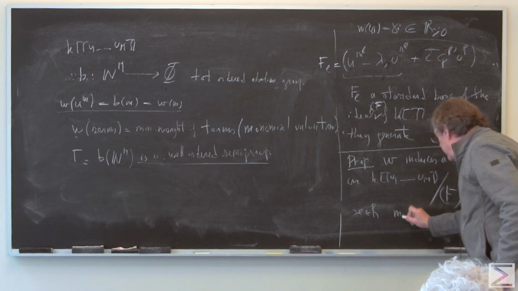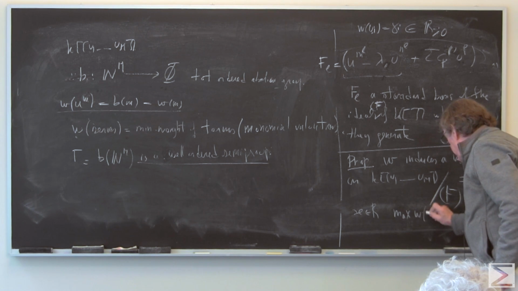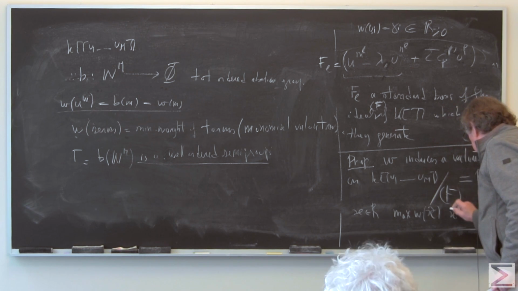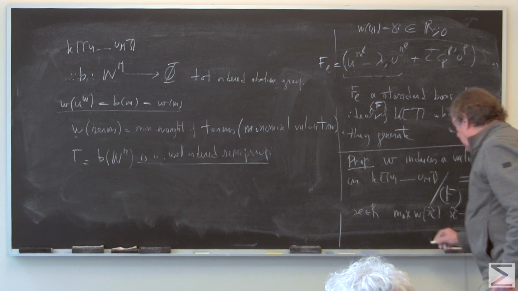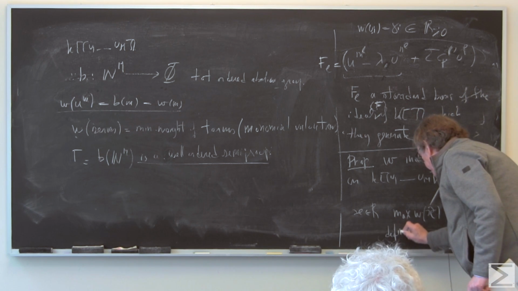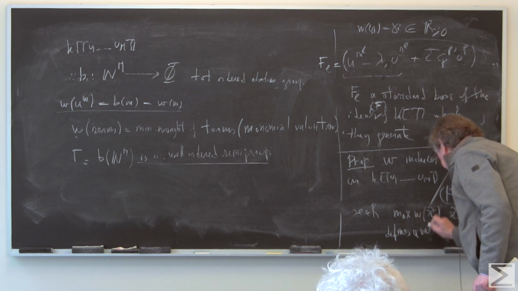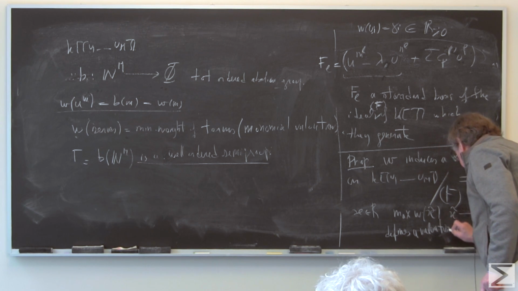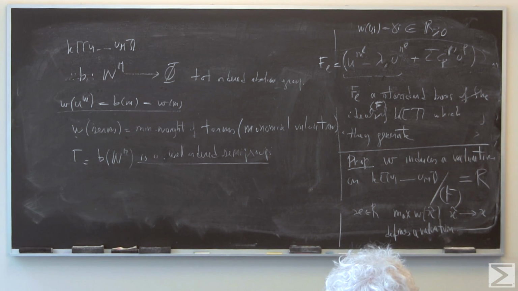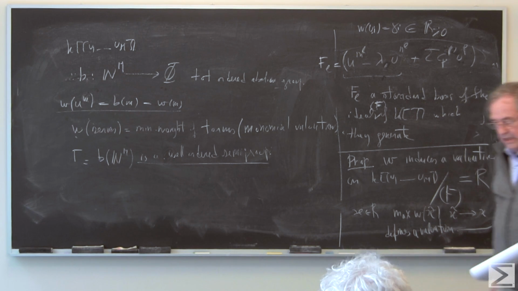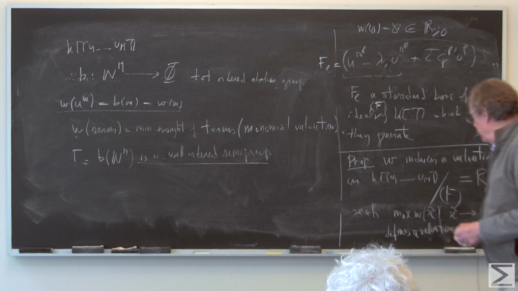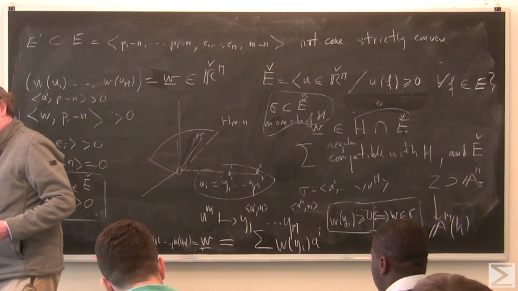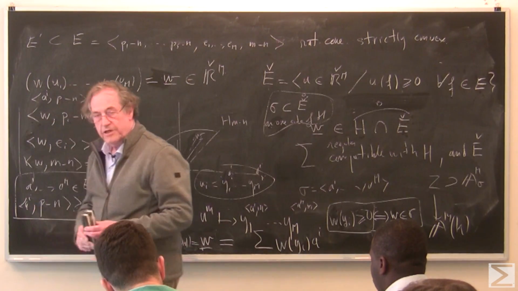Then the maximum weight of an X tilde, so that X tilde maps to X, defines a valuation. This is a non-trivial statement. If you have a valuation whose value group is a subgroup of R, then it is easy. Otherwise, you have to work a little.